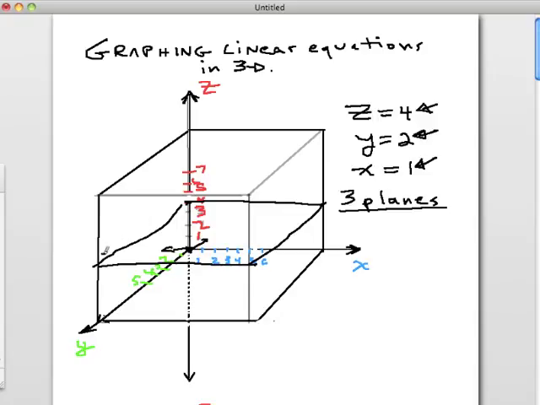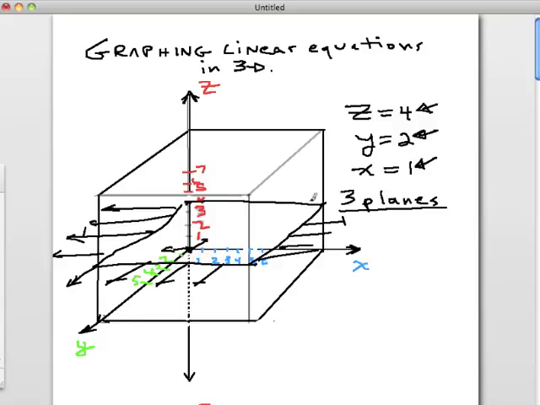This does in fact go out forever, just like lines go out forever. Planes also go out forever. I did not put any restriction on x and y, no limits like with an inequality. So x and y could be anything as long as z is equal to 4.